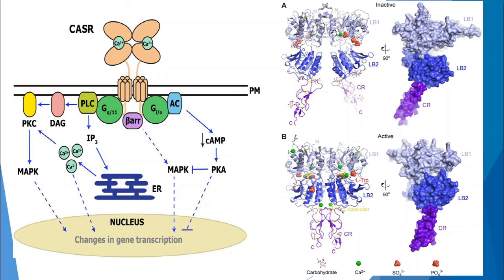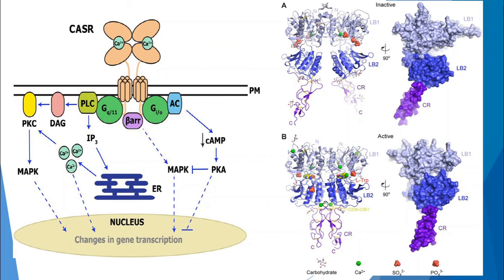This is another depiction of the structure, where this is the C-terminal portion, which is sort of in an inverted V shape. The green dots that you can see are the calcium.